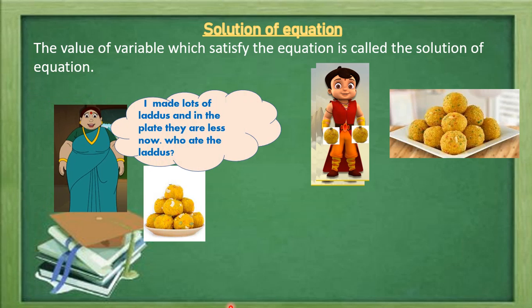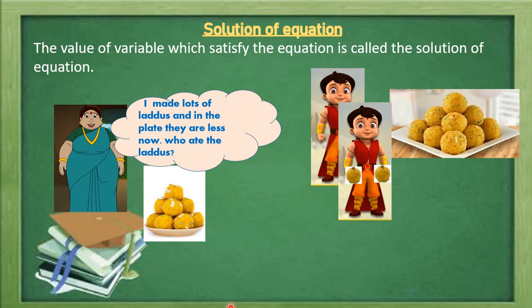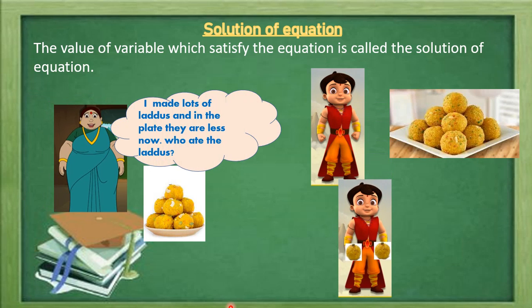So she says, I made lots of laddus and in the plate they are very few now. So who ate the laddus? So Bhim says, I ate laddus. Sorry auntie, but I ate only a few laddus.